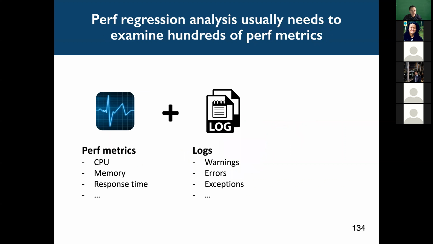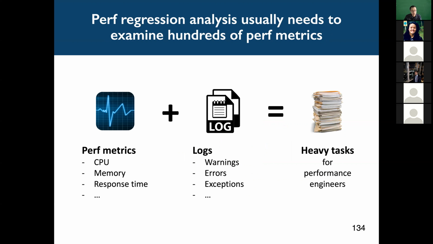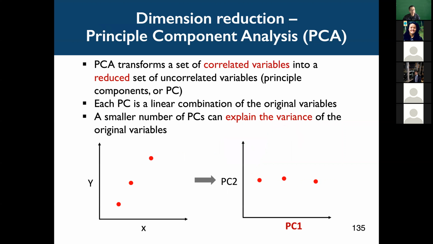Like here, we have performance metrics, we have logs, all this data. If we want to examine the data one by one, the effort is very large. Can we reduce the dimension? Yes, we can. There are dimension reduction techniques.